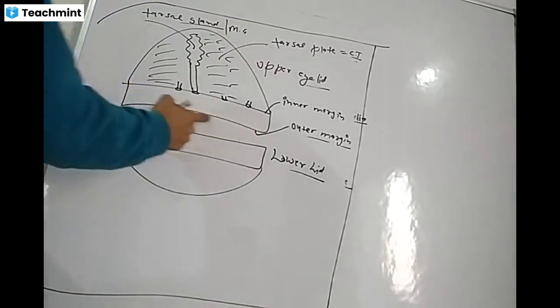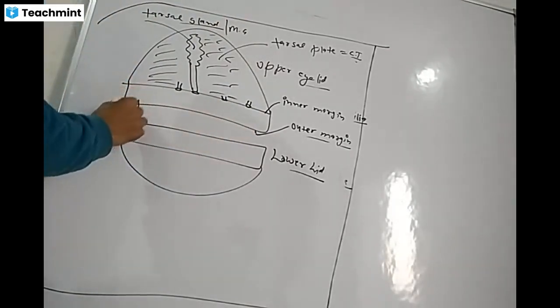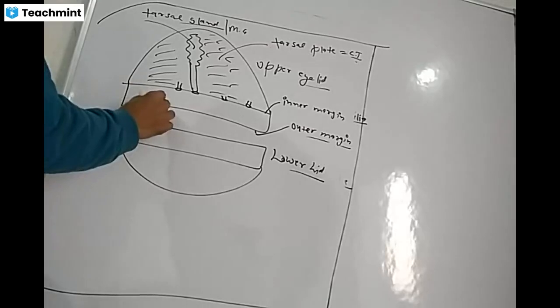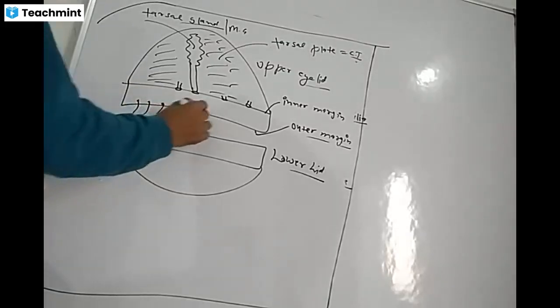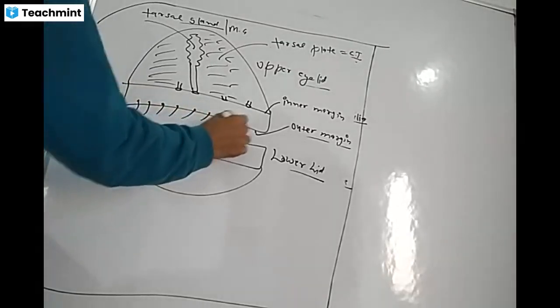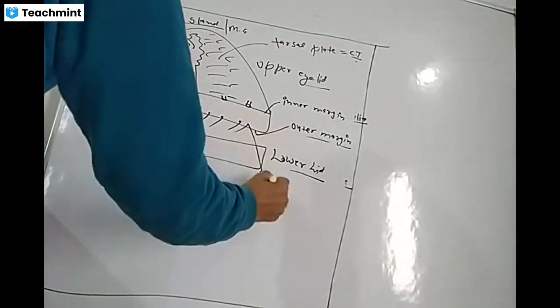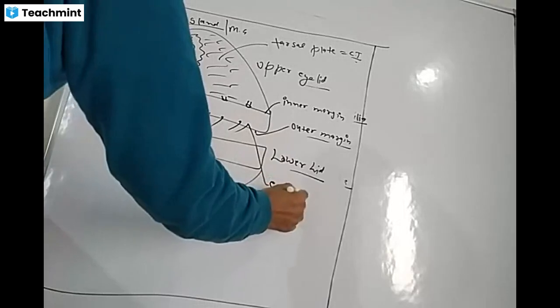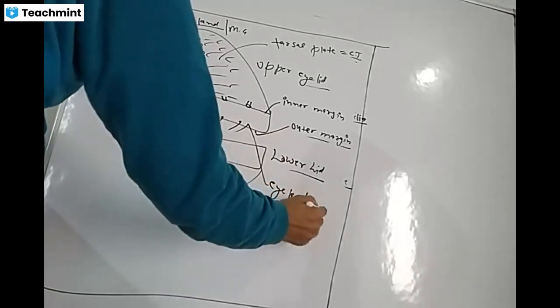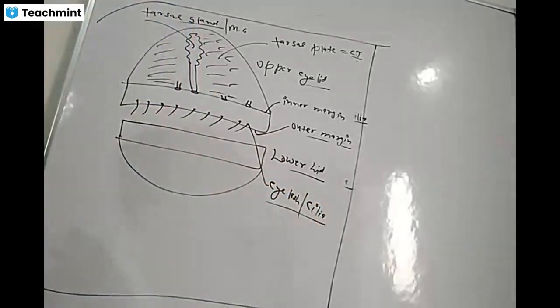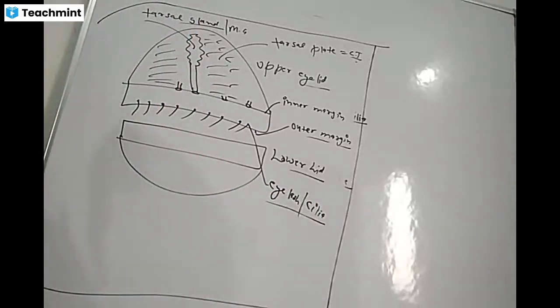This is the outer margin. From this margin, what comes out? These are eyelashes, also known as cilia.